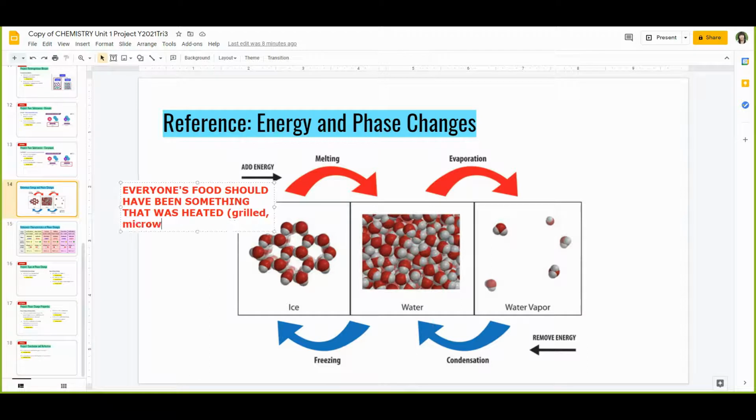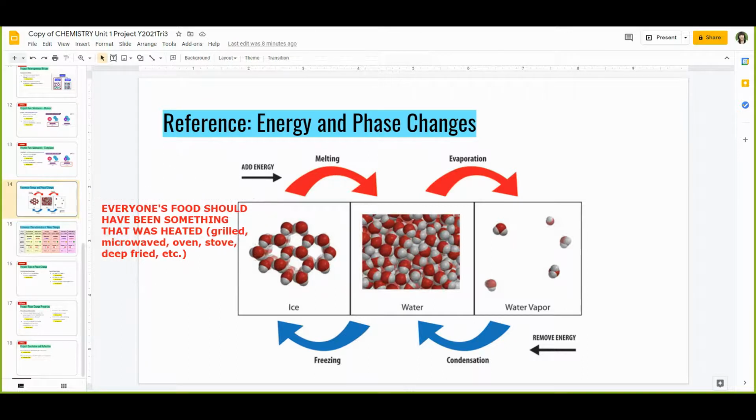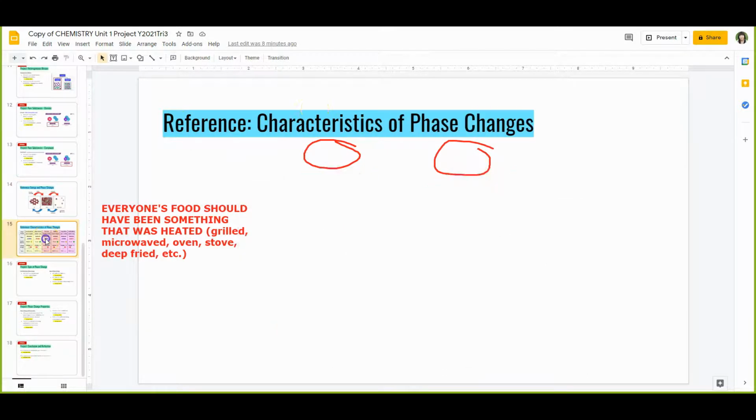It could have been grilled, microwaved, in the oven, on the stove, deep fried, etc. Everybody had food that got heated up. In that instance, it could result in your food either melting or evaporating. We'll take a look at that in just a moment.